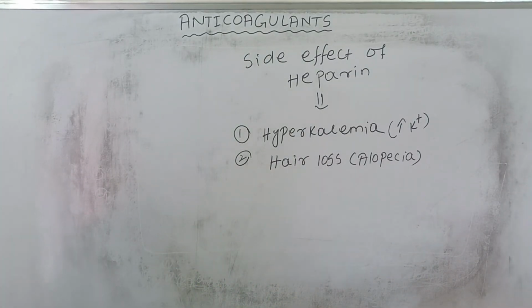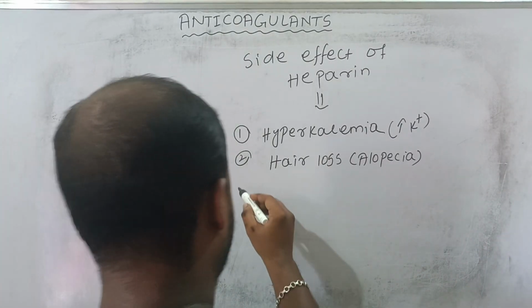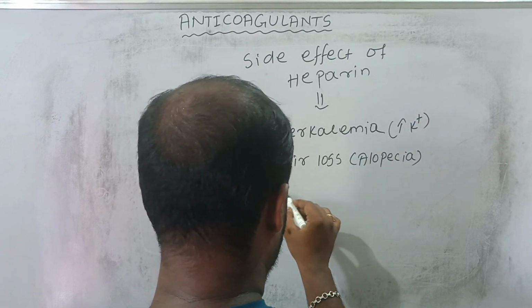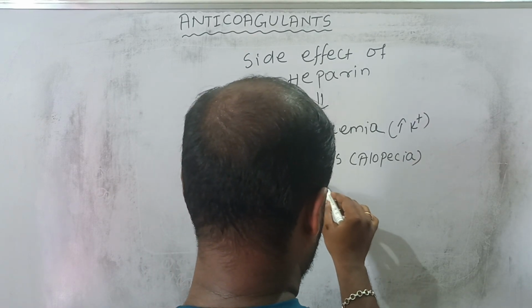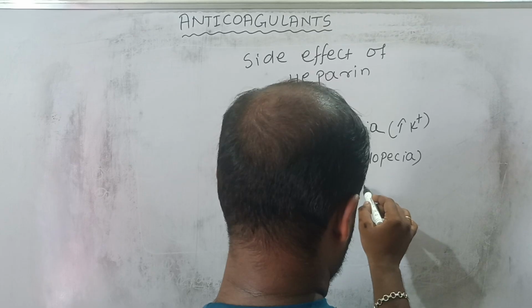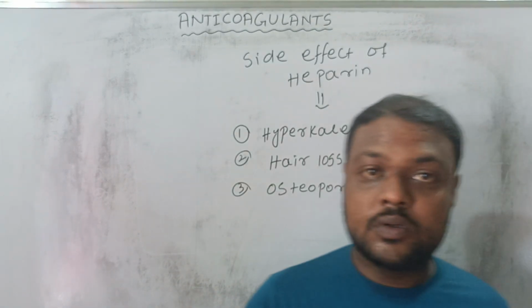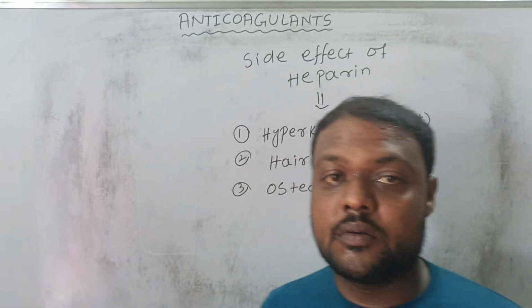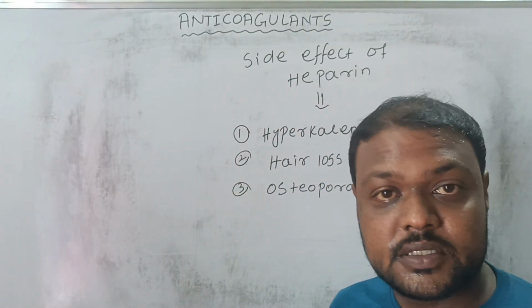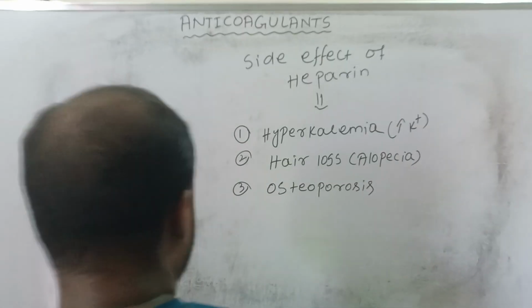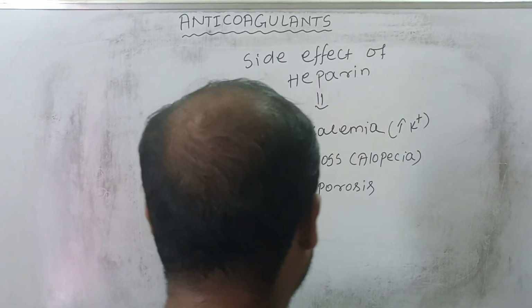Then osteoporosis. Osteoporosis is due to the decrease in the BMD, bone mass density. Yeah, that is a leading side effect of heparin.